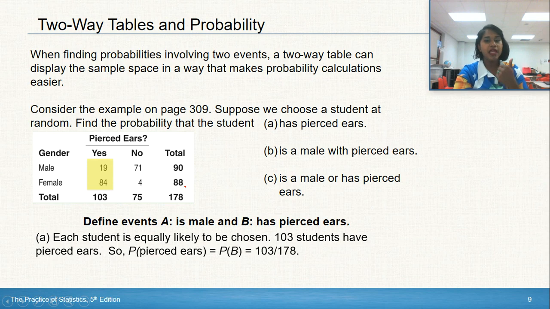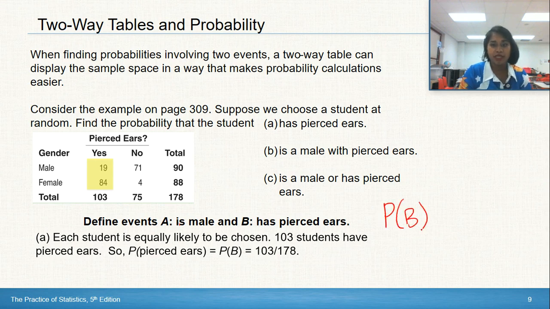Pretty easy, right? And so we defined our events as A is male and B has pierced ears. Just a quick note, if it was clearly defined, like let's say I was doing a free response question on the AP exam. If in the question itself it said A is defined as male and B is defined as pierced ears, in your answer, you could write P of B is equal to 103 over 178.